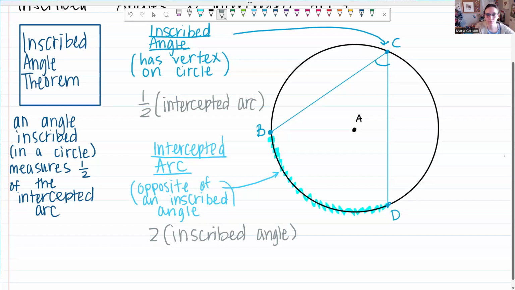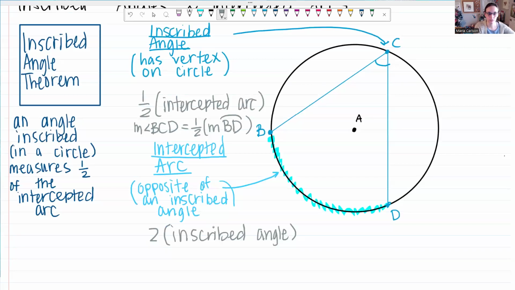So in this diagram, the measure of angle BCD is half of the measure of arc BD. And the measure of arc BD is double the measure of angle BCD.